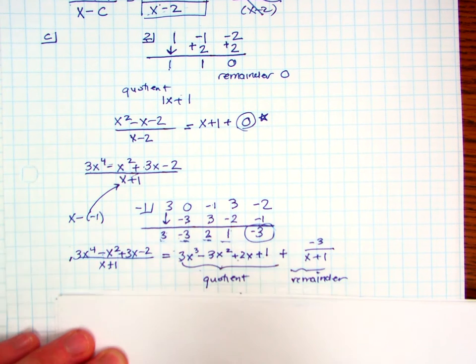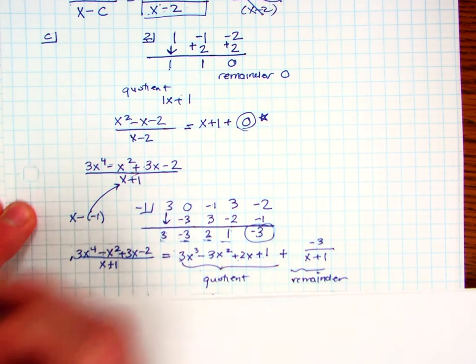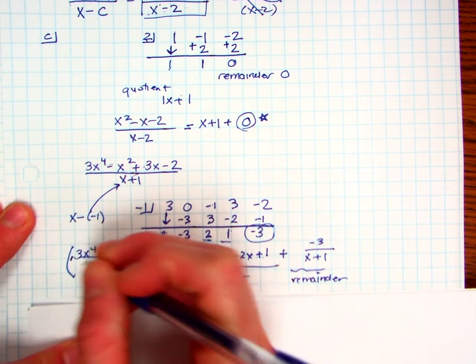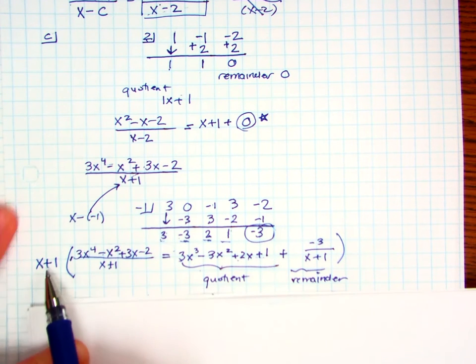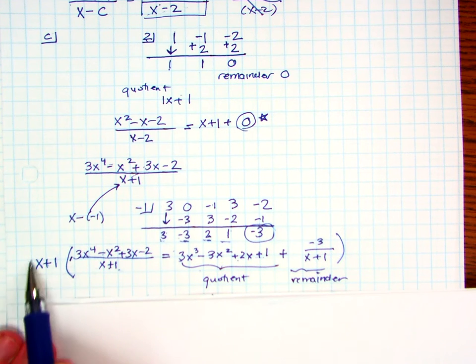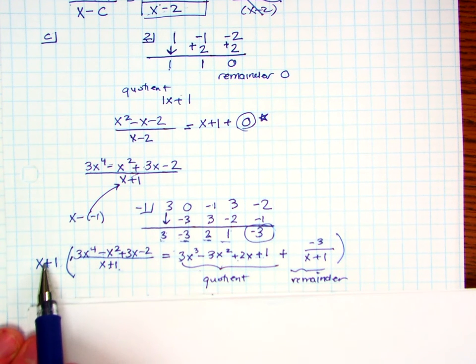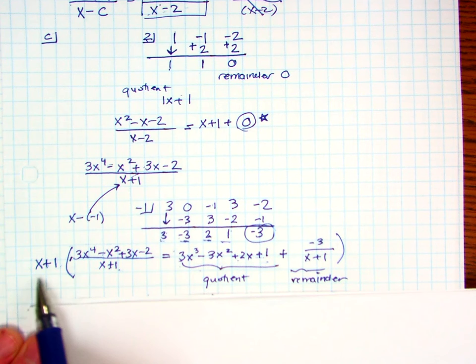There's an alternative way to write this, and it may be more intuitive to some of us that are used to multiplying polynomials and things like that. If you think about multiplying this entire thing by x plus 1, if I distributed this x plus 1 to here, it would cancel. If I distributed this x plus 1 to here, I would just get the product of this times x plus 1.